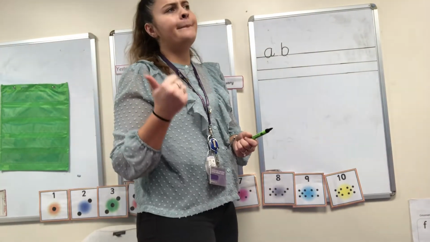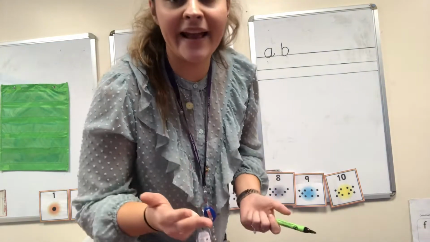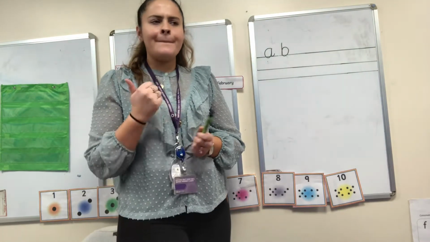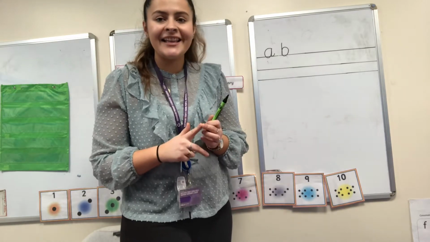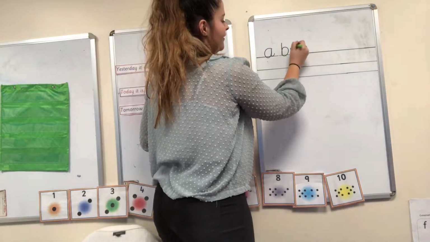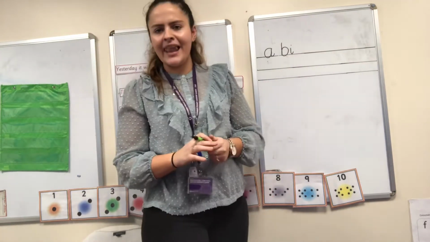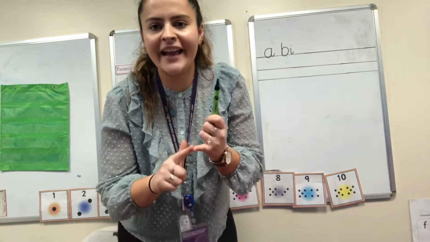Big. So we've done our B. What's our next sound? Big. B. I. Well done. I. B, I. And our last sound, G. Big.